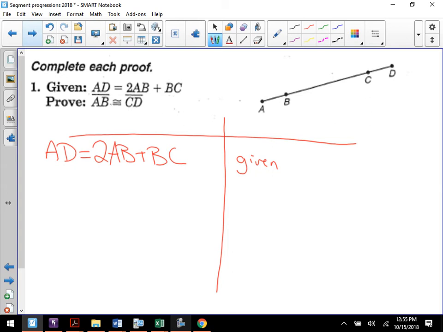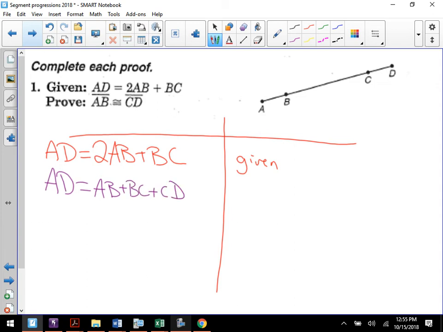Now if I look at that diagram, that whole segment of AD is also made up of what segments? You list them through. AB, BC, and CD. If I add all three of those together, I'll get AD, won't I? Yes. Okay. So we write it down. AD is AB, BC, and CD.